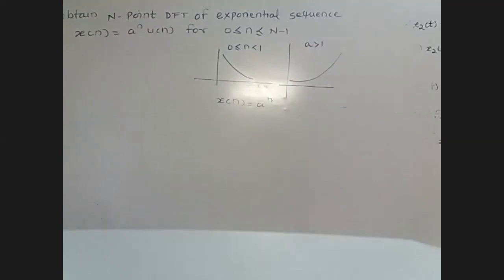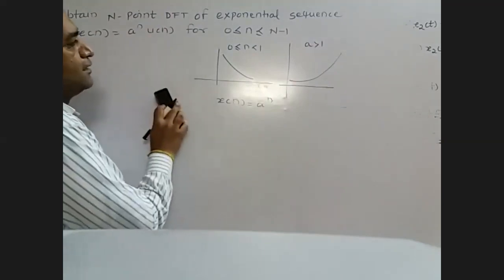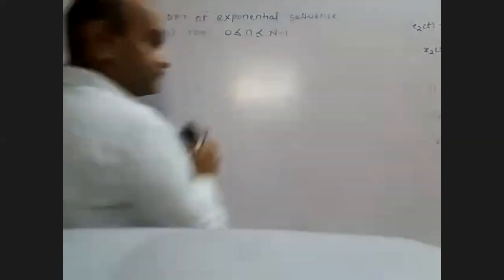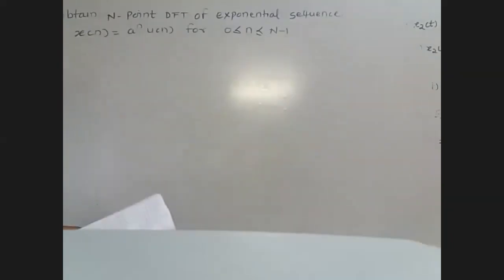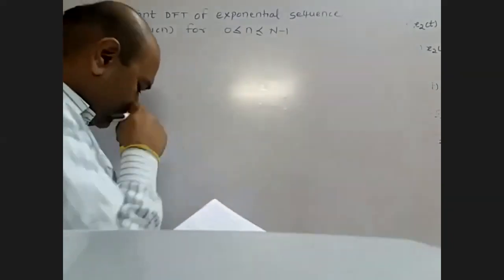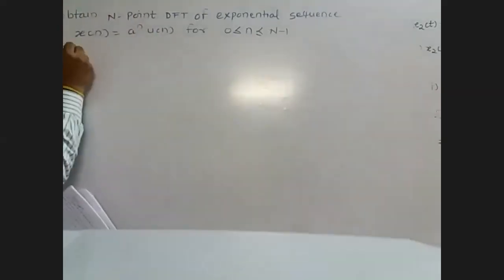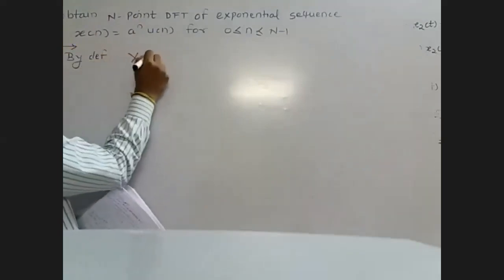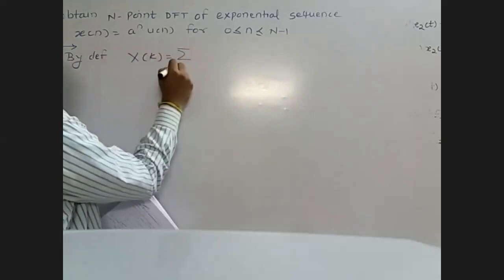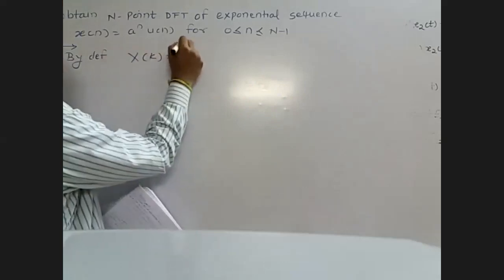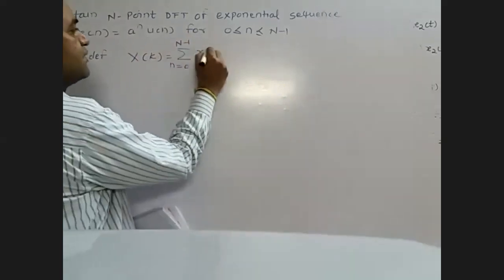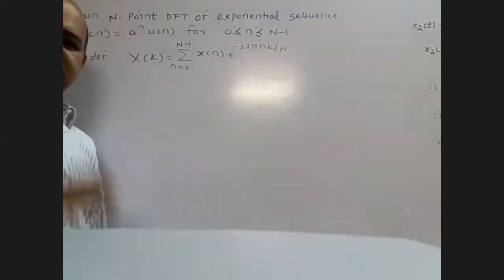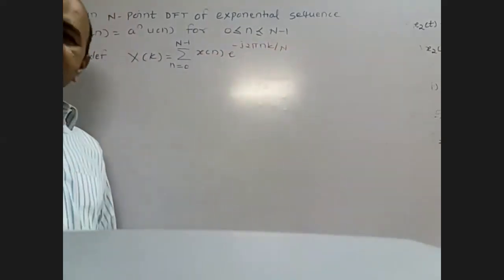Now we are going to solve the DFT of this exponential expression. Remember, we are finding the DFT. We already learned about the discrete time signal. By the definition, we know X of k is equal to the summation of n equal to 0 to N minus 1 of x of n e raised to minus j 2 pi n k by N. This is the definition of the discrete Fourier transform.